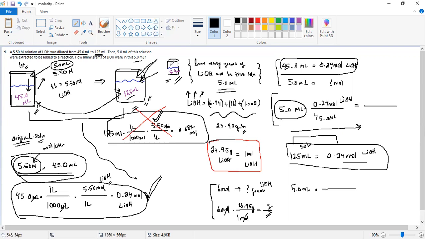And since we're taking the 5.0 milliliter sample from a beaker which is more diluted, it would make sense to use 125 milliliters as our conversion factor, right? That is what pertains to our problem. And that's essentially where we're grabbing the 5.0 milliliters from.